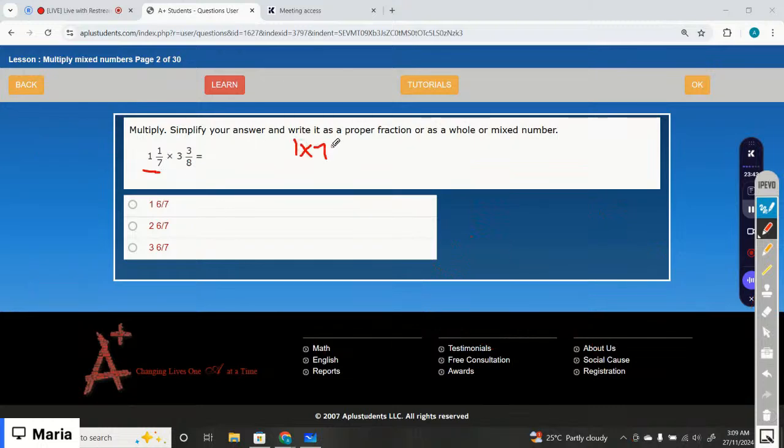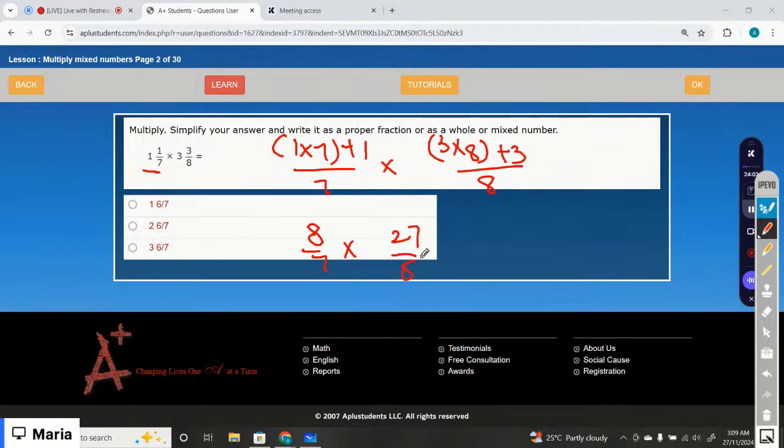1 times 7 plus 1 over 7, and then 3 times 8 plus 3 over 8. That is 7 times 1 is 7 plus 1, 8 over 7. 8 times 3 is 24, 25, 26, 27 over 8. 8 and 8 cancel out, right?